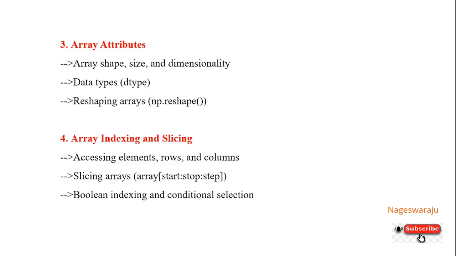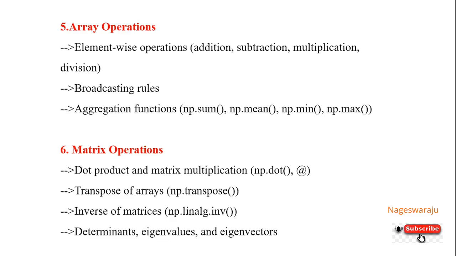Indexing means finding the index position, which starts from 0 onwards, and accessing the data or element based on the index only. Slicing is accessing the data between positions.